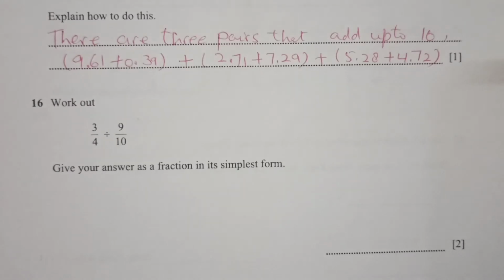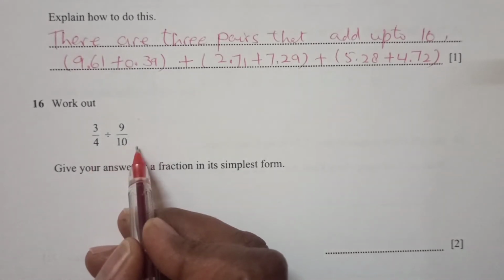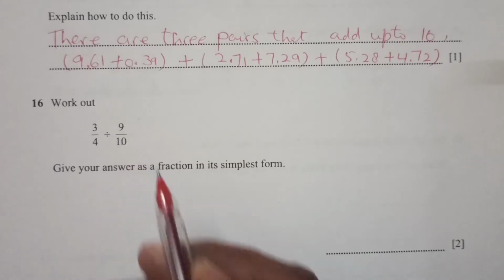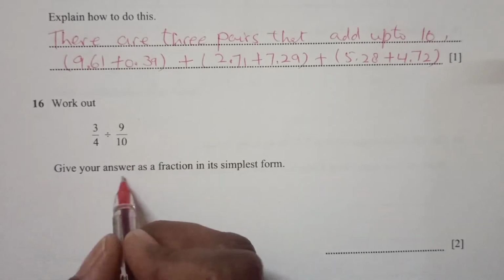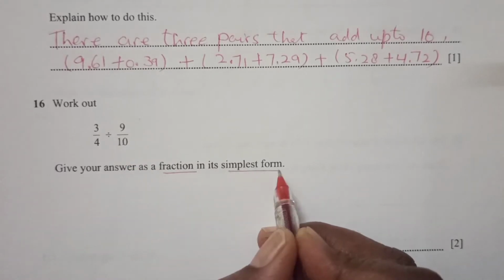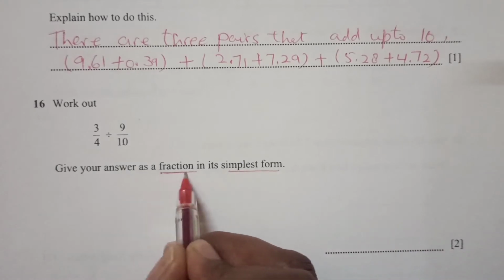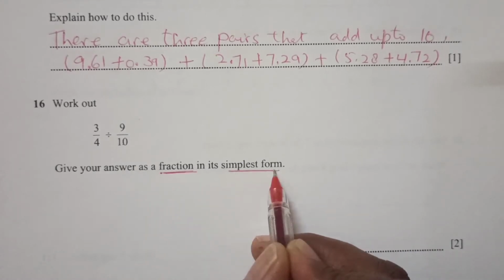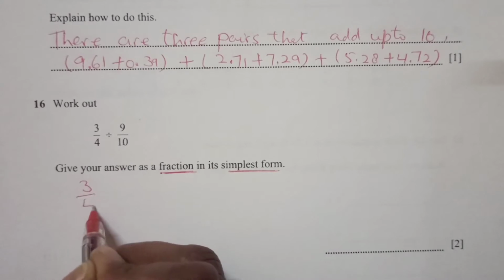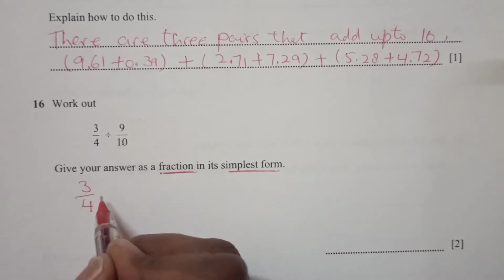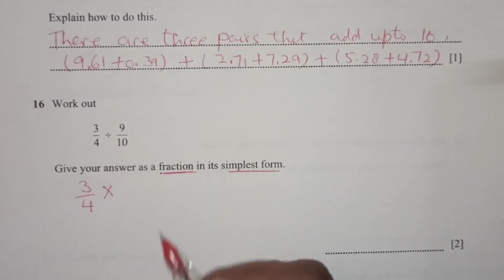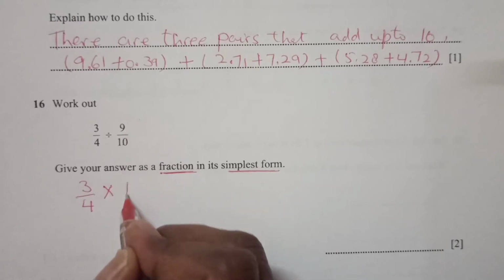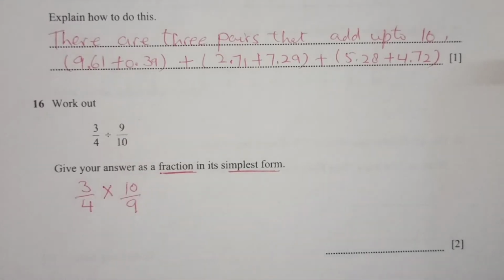Work out 3 over 4 divided by 9 over 10. Give your answer as a fraction in its simplest form. Always remember to underline the keywords, right? So 3 over 4, division will be changed into multiplication, 10 over 9, right?